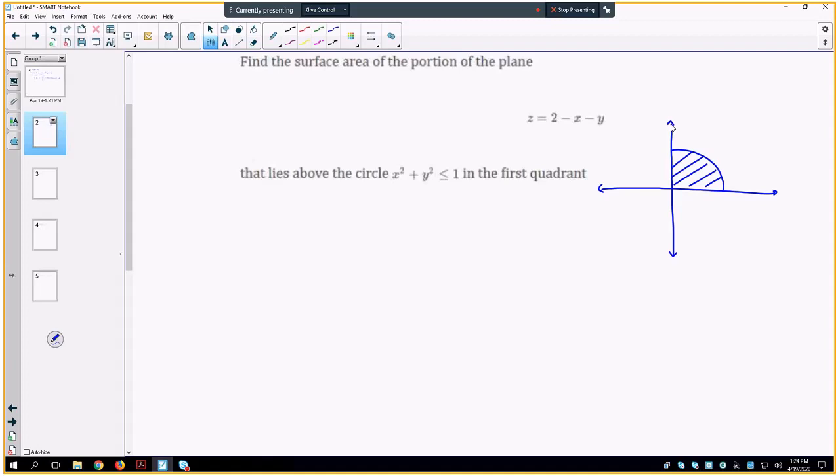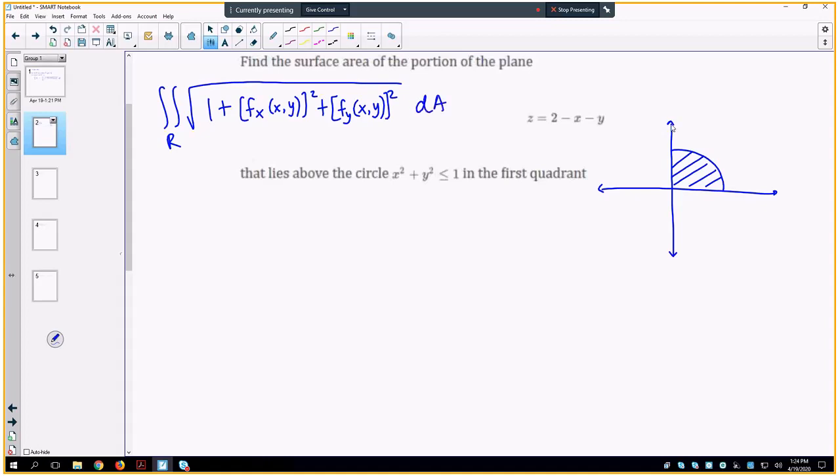So our formula tells us, let me write it one more time here, that we need to find the first partial with respect to x and square that. And we need to find the first partial with respect to y and square that. Then add them, add 1, take the square root, and integrate.